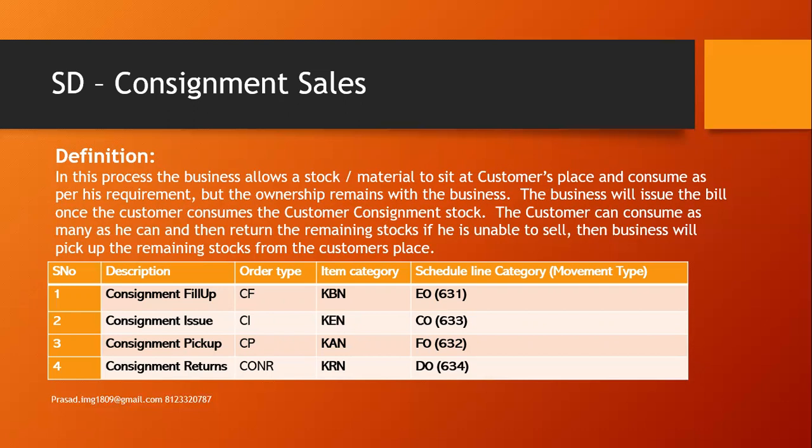The moment it goes to the market, and once the prescriptions start being generated by the medical representative through the doctors, the stocks will be consumed by the customer. Then one of our representatives will go and visit the particular medical shop and ask how many boxes you have sold. If out of the 100 boxes which we have dumped, he has sold around 20 or 30 boxes, then we will be doing the billing for 30 boxes.